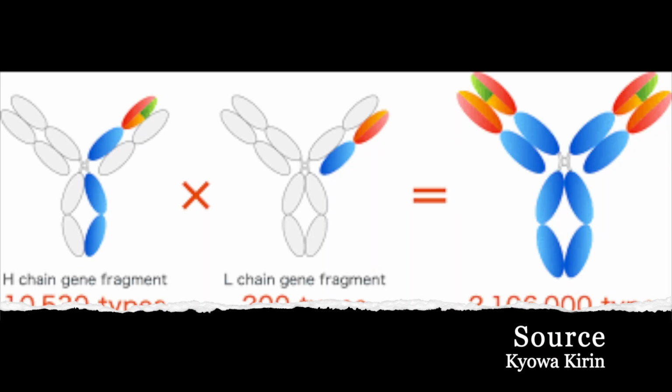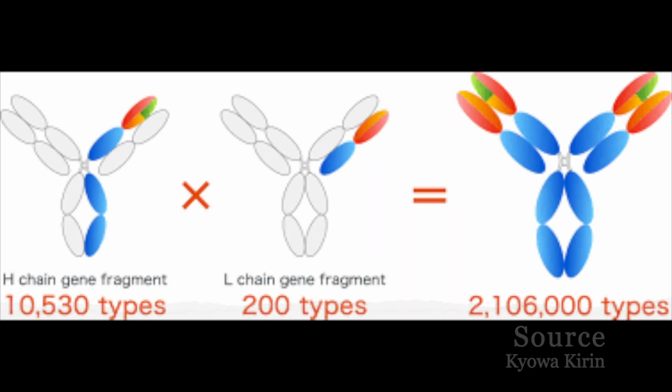And that's not even taking into account the hypermutation that happens at these complementarity determining regions. Just a quick aside, these regions are encoded in the DNA. So if you have a hypervariable region, you're going to have a lot of uncertainty in this complementarity determining region.